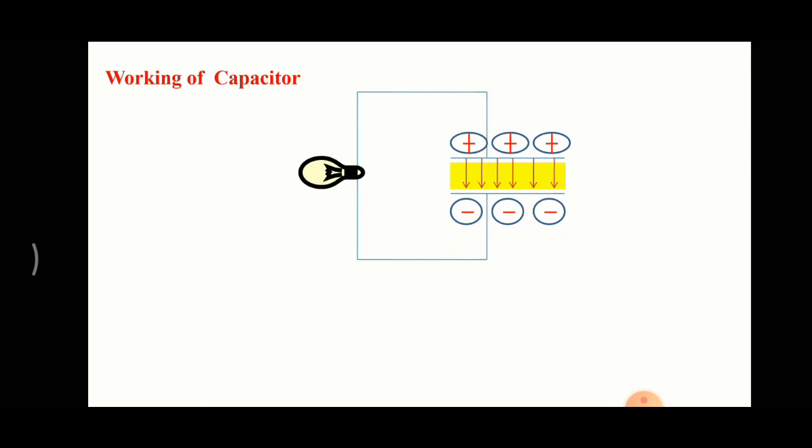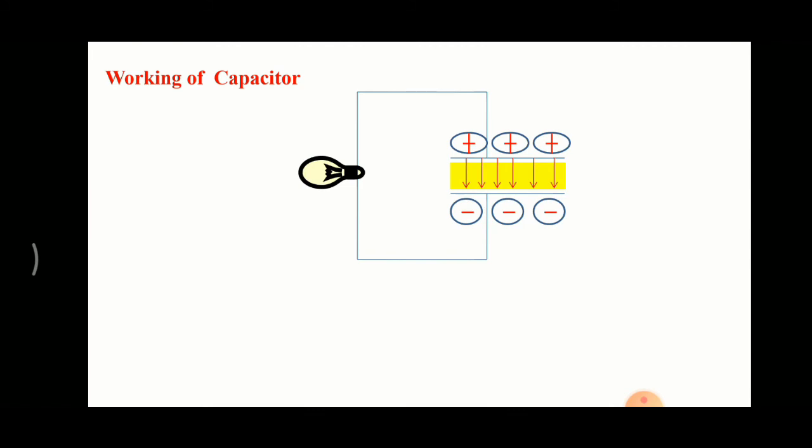After connecting this conductive path, when the switch is on, the electrons from the bottom plate move towards the top plate, so charges will flow. Because of this flow of charge, current flows and the bulb will turn on.